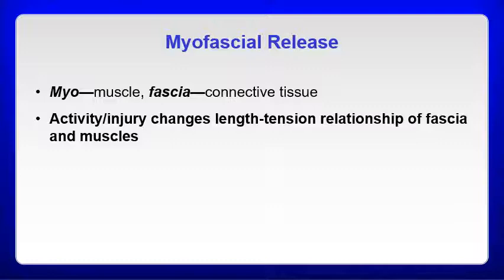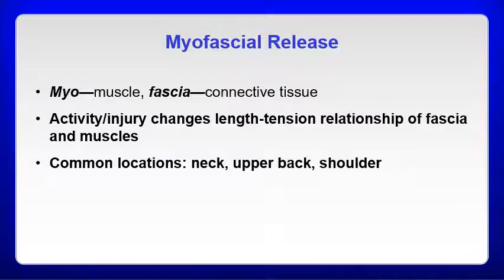So increased gamma efferent activity ends up increasing the tendency of things like trigger points and myofascial pain syndrome, because the gamma efferent activity is going to increase tension in the muscle. That's going to create trigger points and tender points, and it's also going to increase input from the nociceptors, or the pain-sensing nerve fibers.